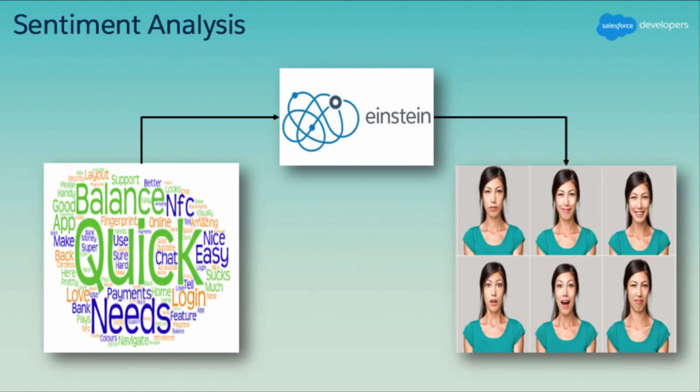Okay, so let's move on to sentiment analysis. Again, a very relevant use case here could be any feedback that's happening over social media for your brand, and you try to analyze the sentiment towards your brand, whether it's positive or negative or neutral, and then you can take some actions based on that.